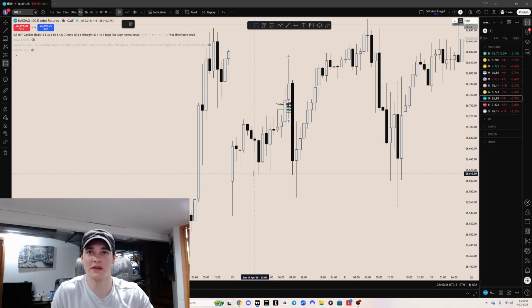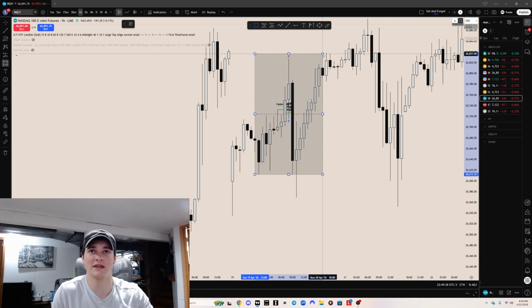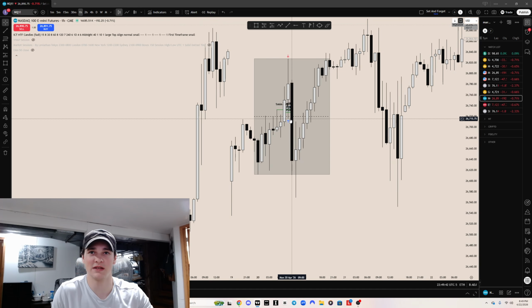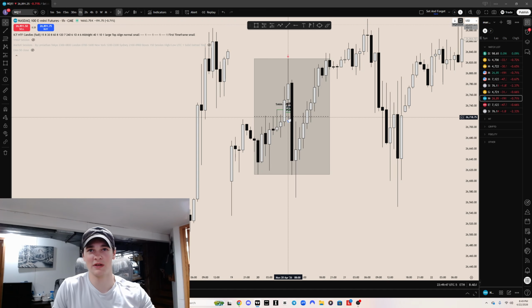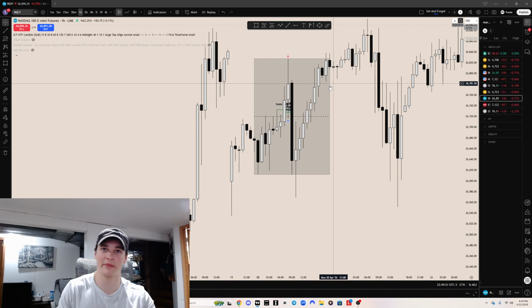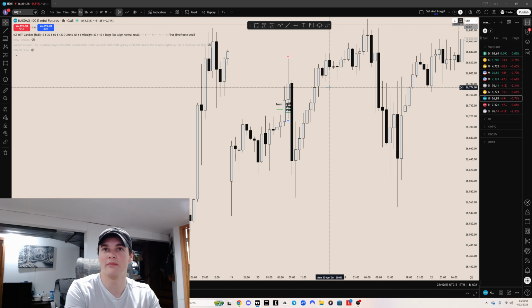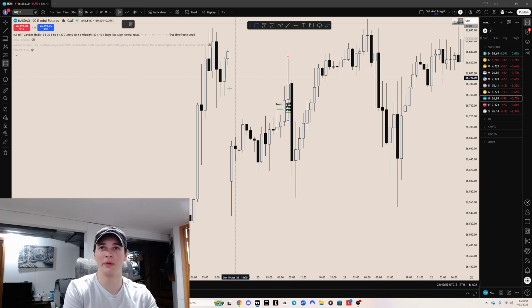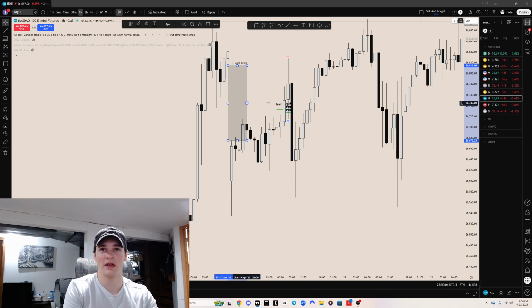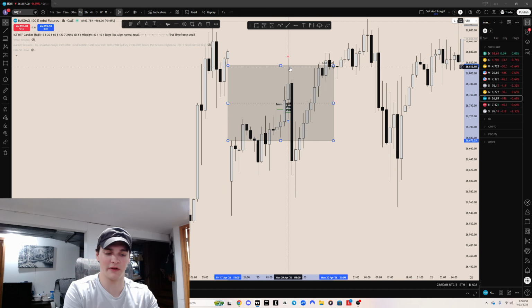From this lowest point to this highest point, price tapped into this equilibrium right here, 50% tapped into a discounted zone. Respected our stuff. Boom, took a buy. We were also wanting to fill this gap right here because this was a huge opening gap from last week to the market open, and that's what I was wanting to see get filled.